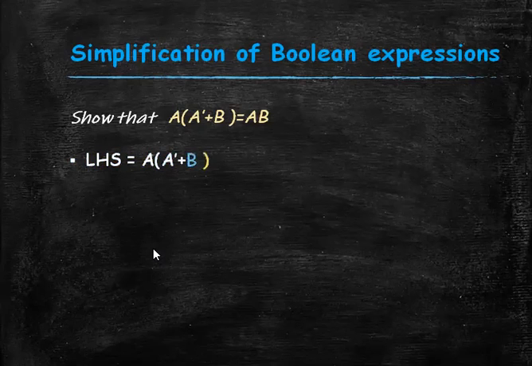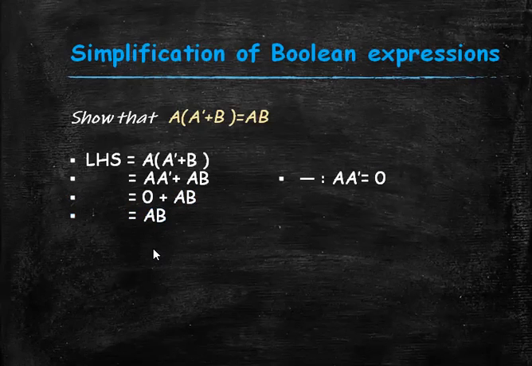That is A and A bar or B is equal to A and A bar or AB. We know that A and A bar is equal to 0. Then the result is 0 or AB, and it is equal to AB.